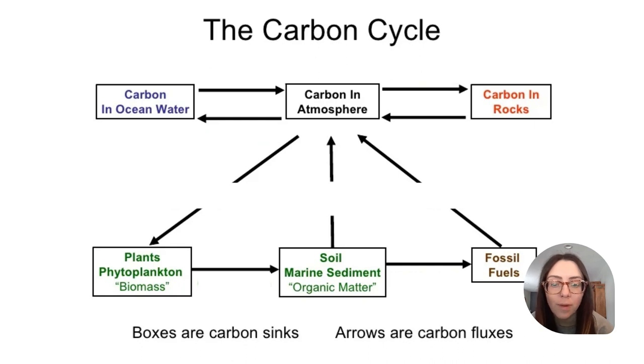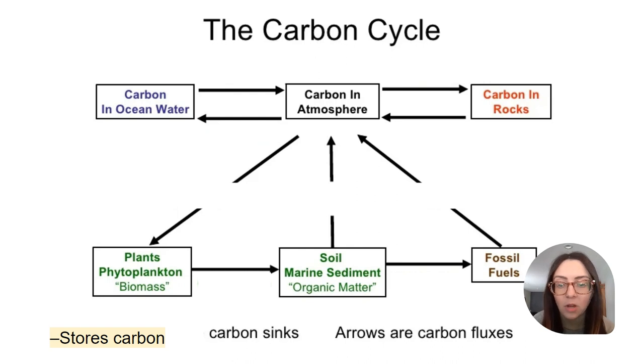So each of these boxes with the words represent carbon sinks. And what carbon sinks are is they store carbon. Okay, carbon can be stored in water, it can be stored in the atmosphere, in rocks, in plants, in fossil fuels, and in animals.